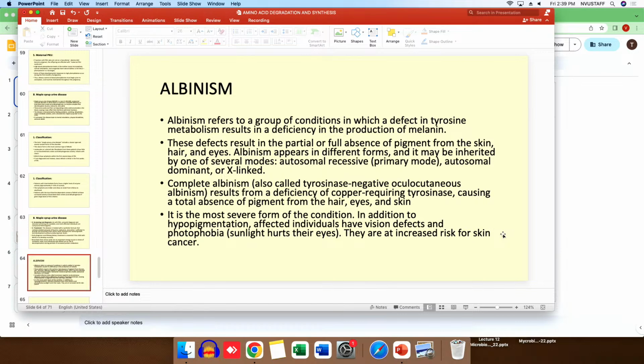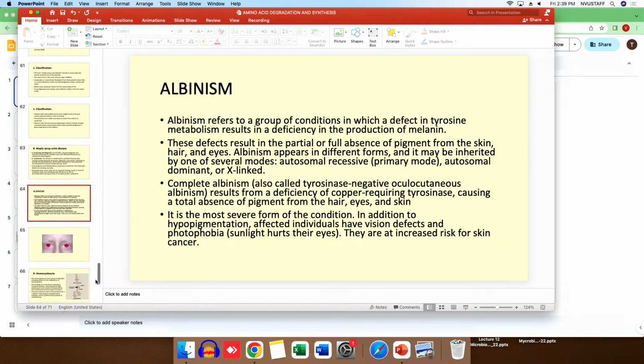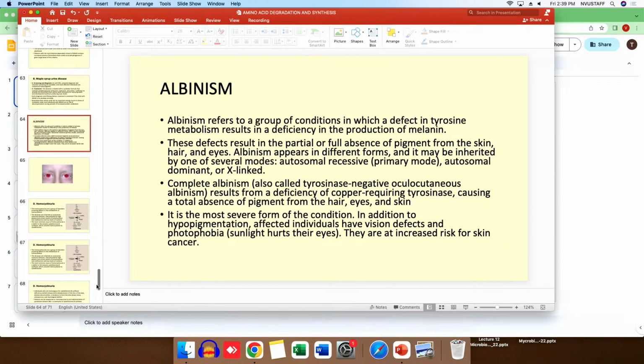Another metabolic error that I want to discuss with you is not that rare, not common, something on average. It's autosomal recessive, but X-linked as well. Autosomal recessive or X-linked form as well is albinism. Probably you've heard about it.